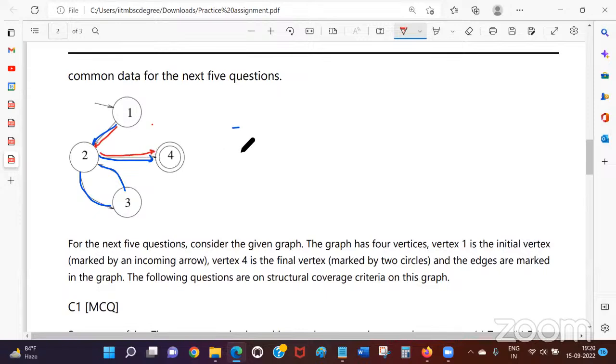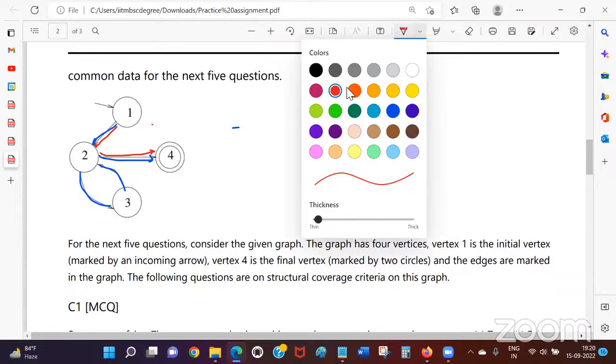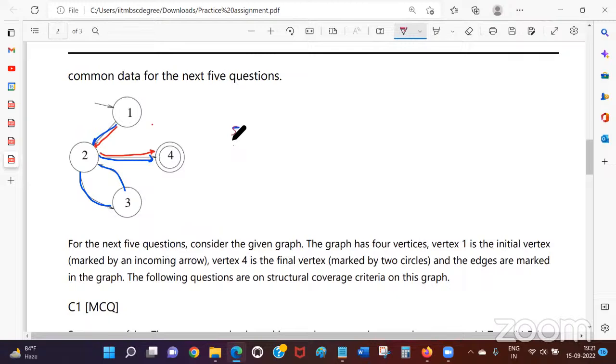But if you want edge coverage, which path will you go for? That's 1, 2, 3, 4. Or 1, 2, 2, 3, 3, 2, 3, 4. Along with edge coverage, this also guarantees node coverage, because edge coverage covers node coverage, as you already know.